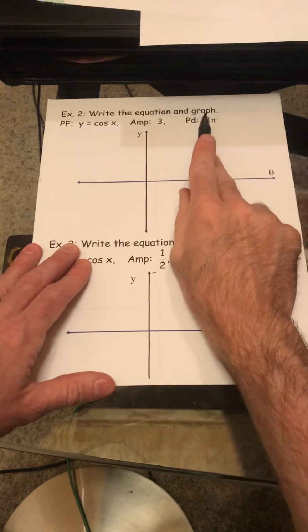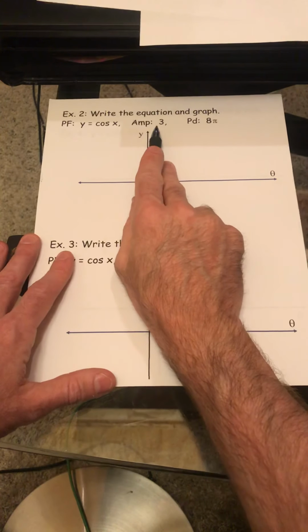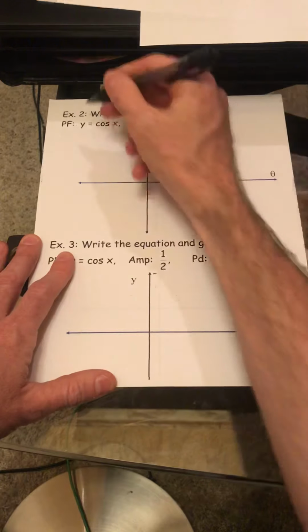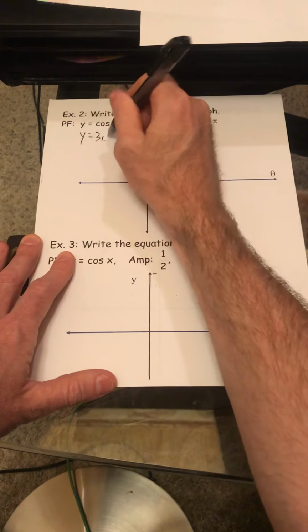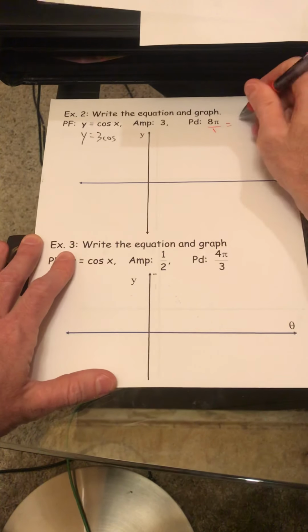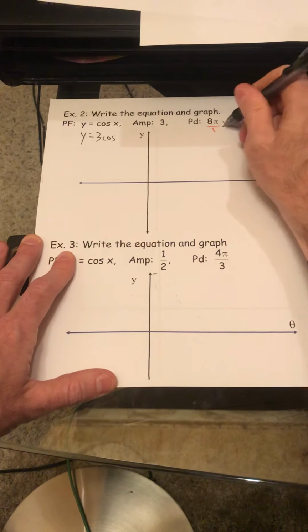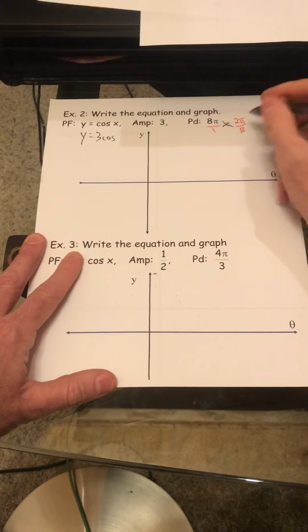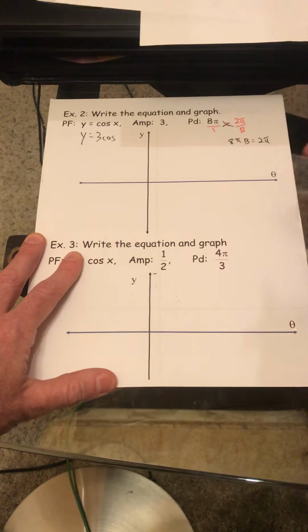All right, write the equation and graph y equals cosine x, amplitude 3, period 8 pi. So y equals 3 cosine. Again, the period equals 2 pi over b. And so when we cross multiply, 8 pi b equals 2 pi.